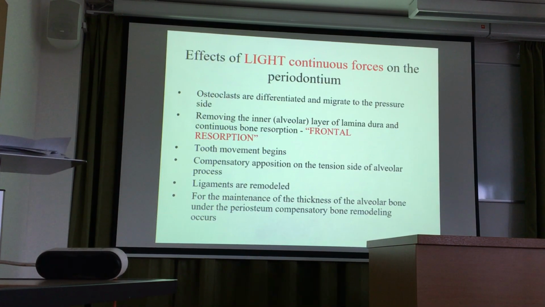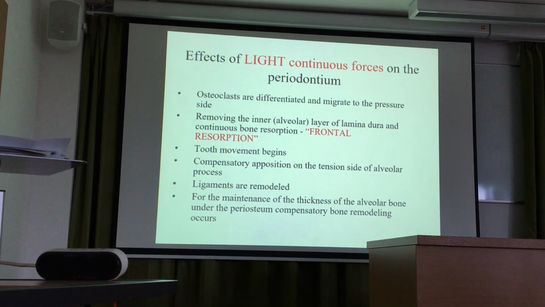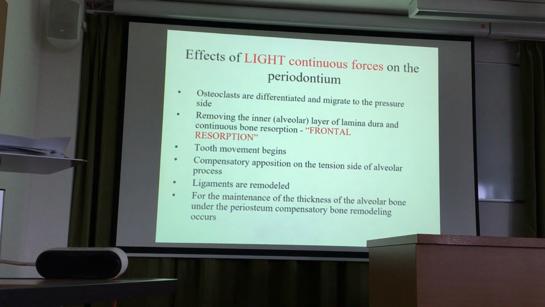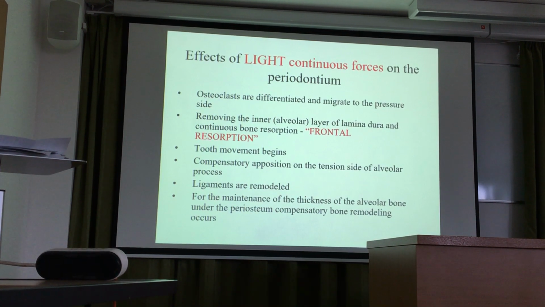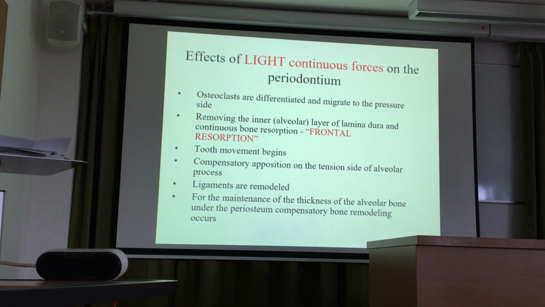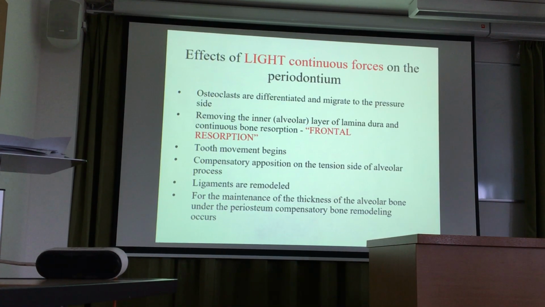They should differentiate and migrate, and they are differentiating because of the force application. Somehow the force application will initiate the osteoclast differentiation, and these differentiated multinuclear cells will migrate to the site where the pressure is increased.